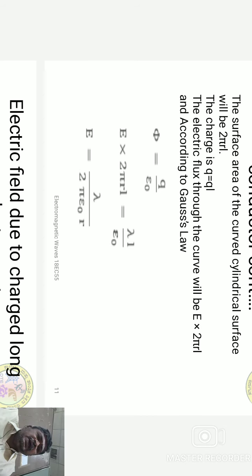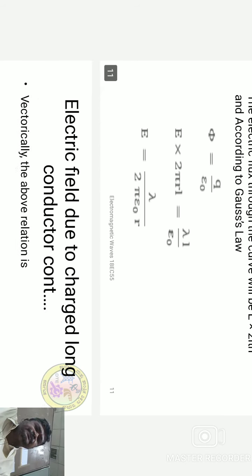So E into 2 pi rL is equal to lambda into L divided by epsilon naught, and L will get cancelled. My electric field intensity is E equal to lambda upon 2 pi epsilon naught r.